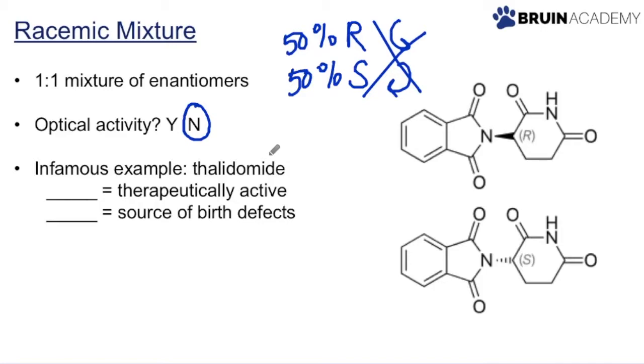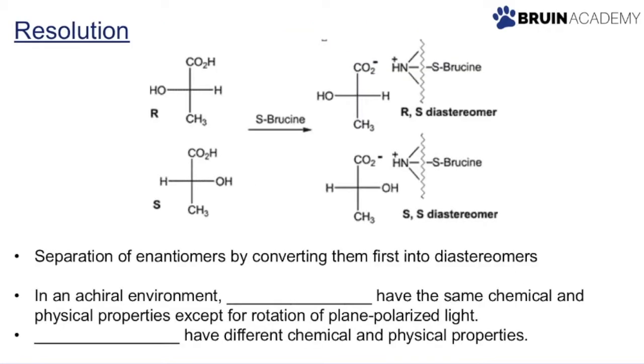And the reason for this is because the drug contained a mixture of both R and S enantiomers, and only R was actually therapeutically active, whereas S was the one that was not only unhelpful but also led to a lot of the birth defects. And so this is a really infamous example and something to keep in mind when you're thinking about racemic mixtures and the importance of it in our everyday life.